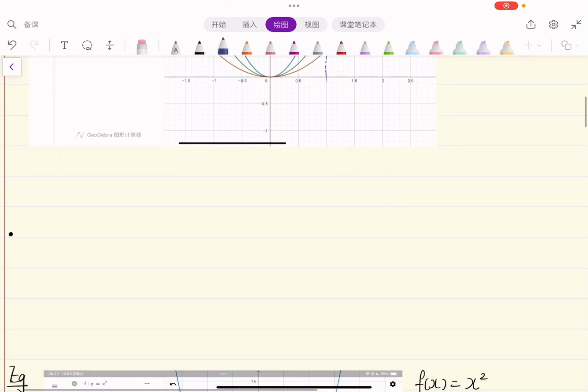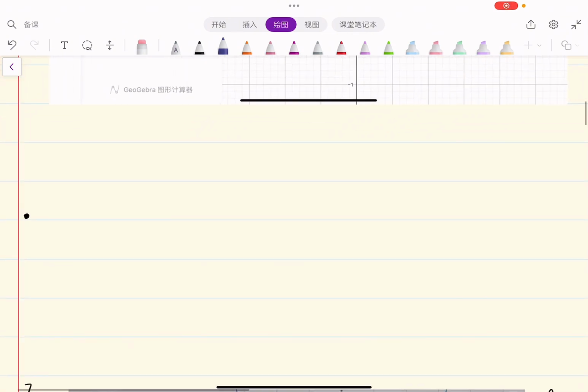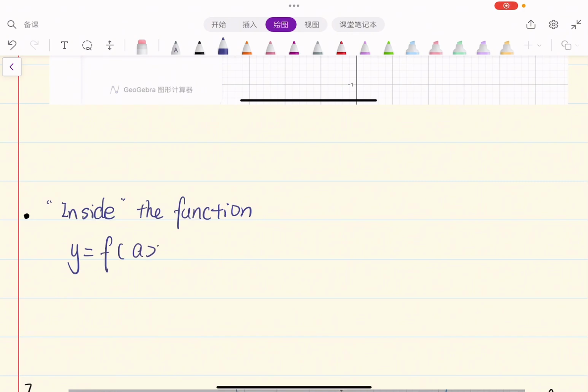Now we have talked about outside the function. How about inside the function? Which means the function looks like f(ax).